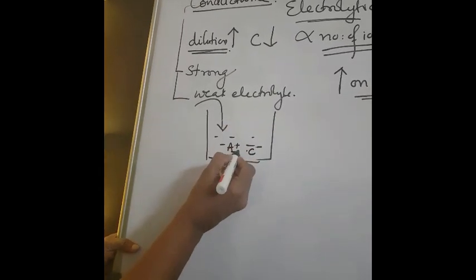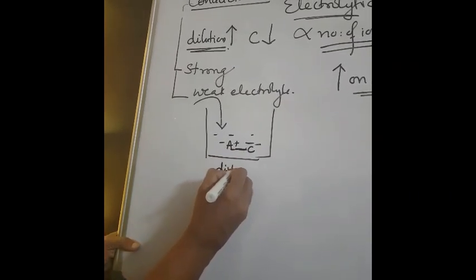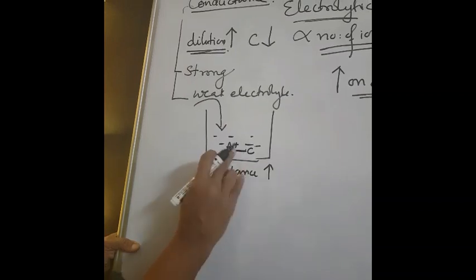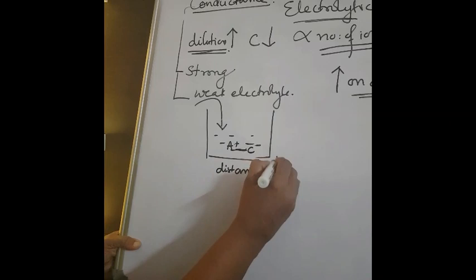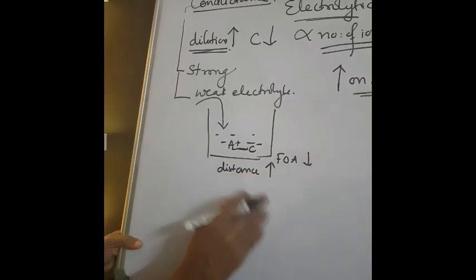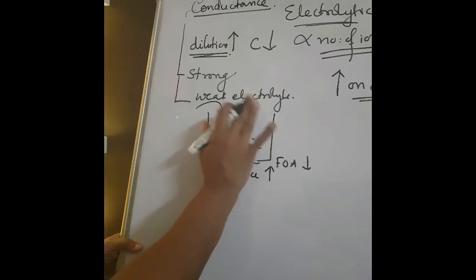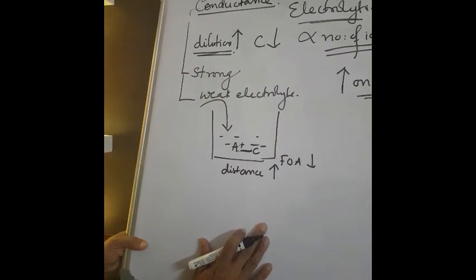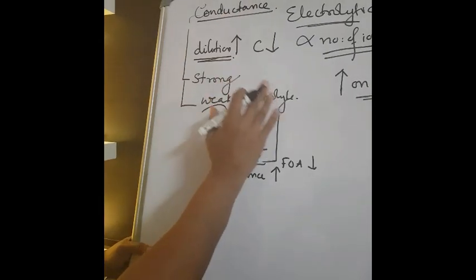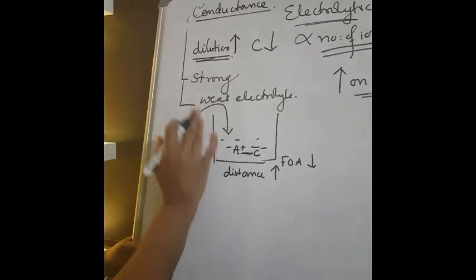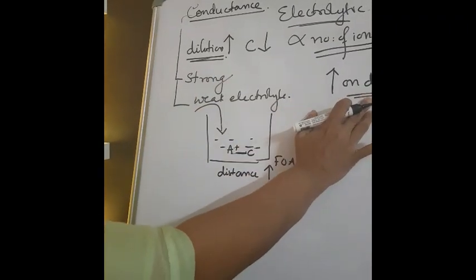On dilution, the distance between the anion and the cation increases, thereby the force of attraction between them decreases, making the ions move faster. So that is why we say the conductance of any electrolyte, whether strong or weak, increases on dilution.